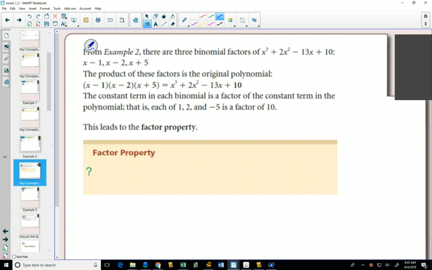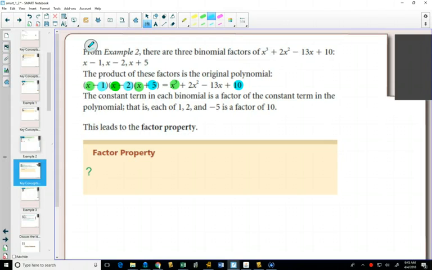Now, one of the things that I pointed out in last class is that when you multiply x minus 1 times x minus 2 times x plus 5, the first terms, all those x's, they all multiply together to get that x cubed. And the last terms, when you multiply all of your last terms together, the minus 1 times the minus 2 times the plus 5, that gives you your plus 10.